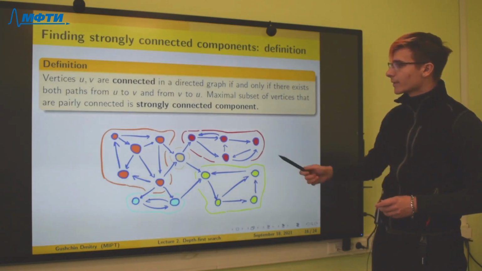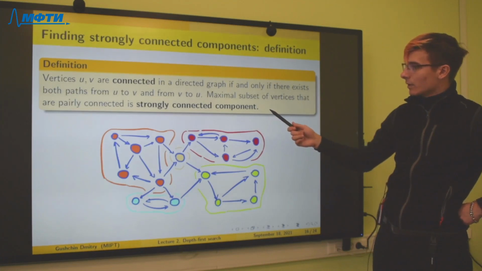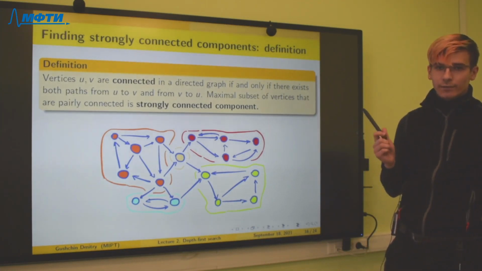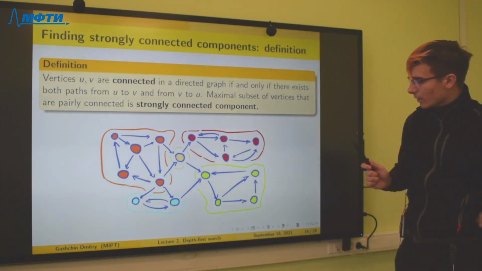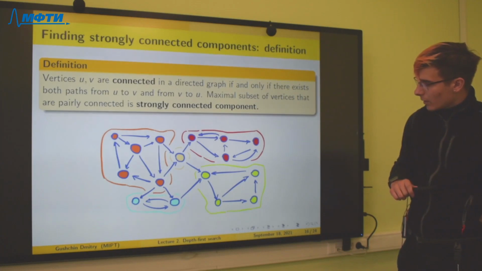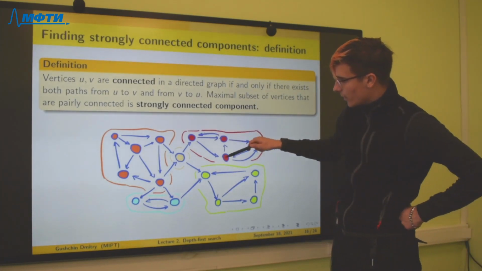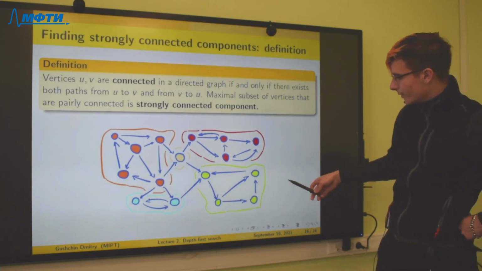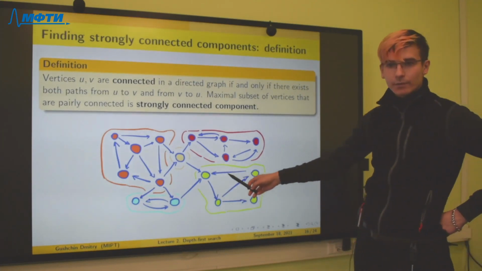It's about strongly connected components. It is another definition of connectedness in the directed graph. As you can see on this figure, there are four parts of our graph that contain vertices that are reachable from each other.